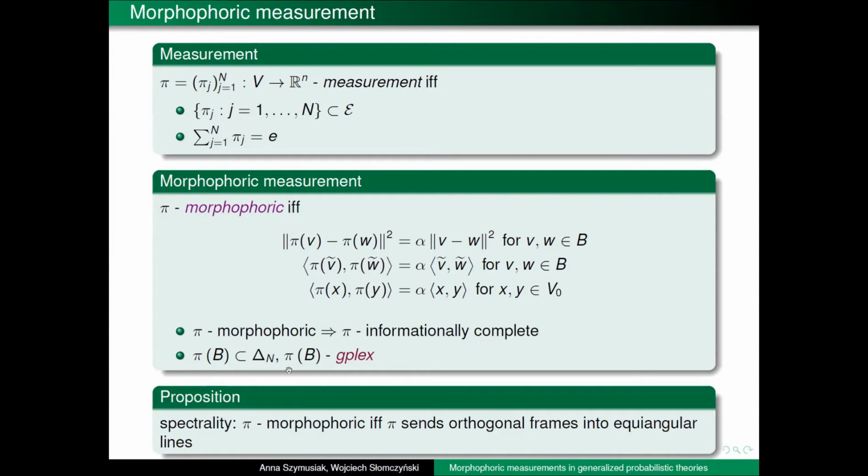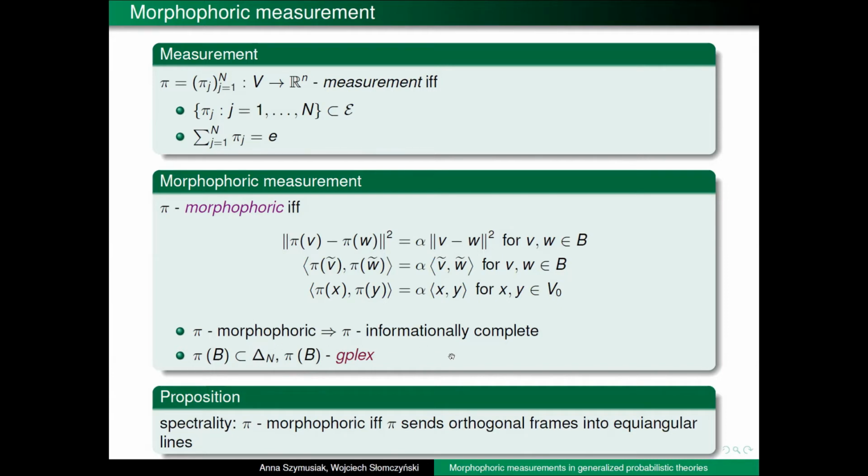The internal geometry of these two sets, B and pi on B, is just the same, but the external geometry is in a sense different, because they lie in different spaces. B lies in this space B, and this Gplex lies somewhere inside the classical simplex.